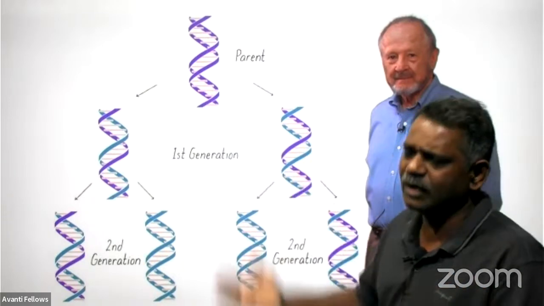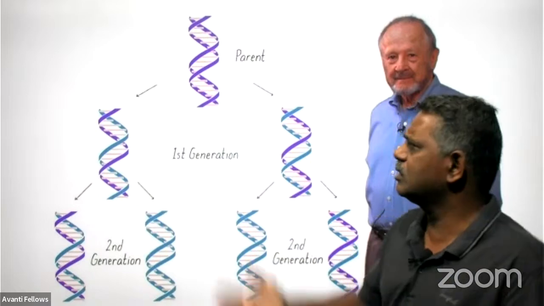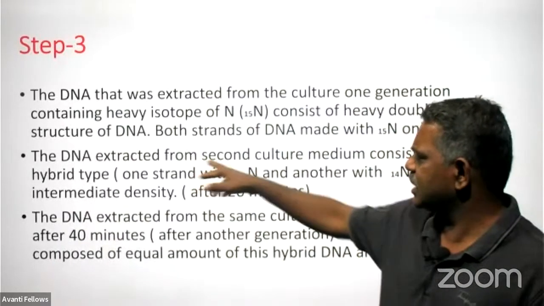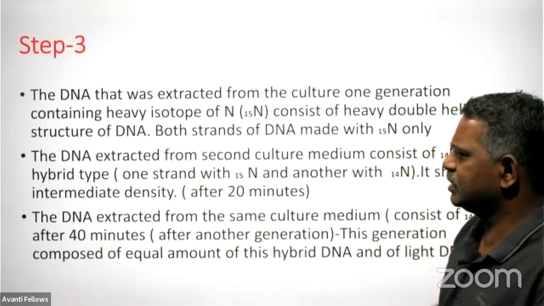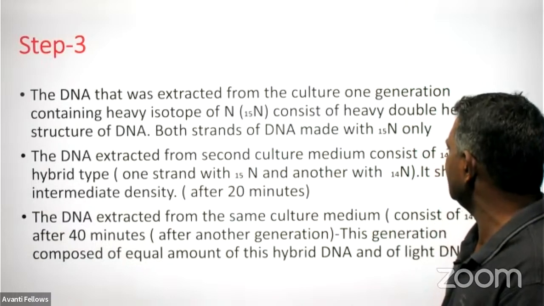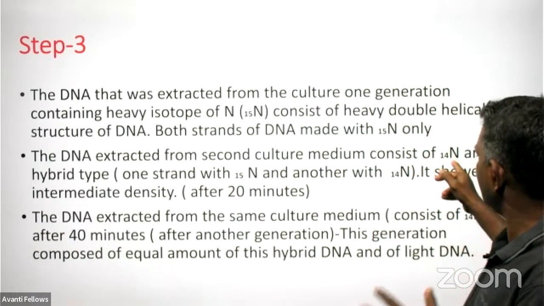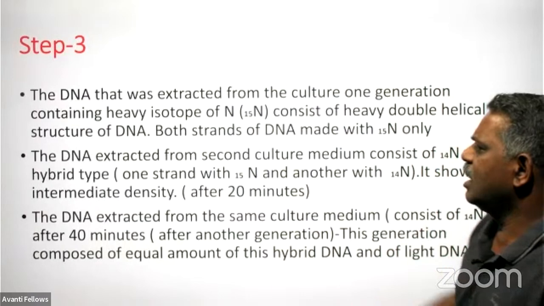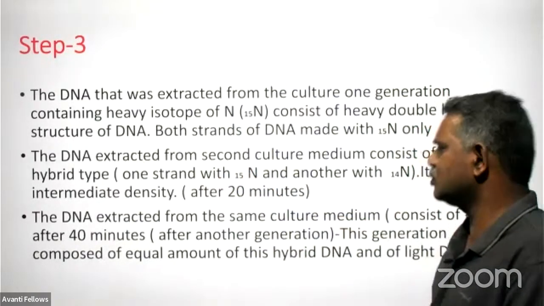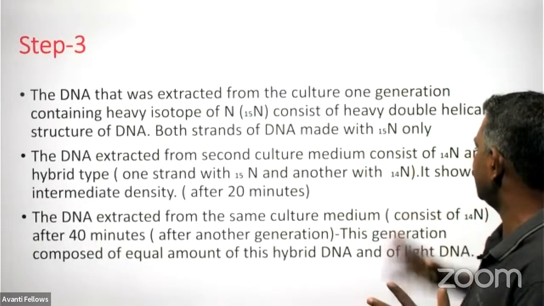Naturally, the heavy nitrogen was incorporated into both strands of the DNA. The DNA extracted from the second culture medium, with normal nitrogen, consists of normal N14 or hybrid type: one strand with nitrogen 15 and another with nitrogen 14.